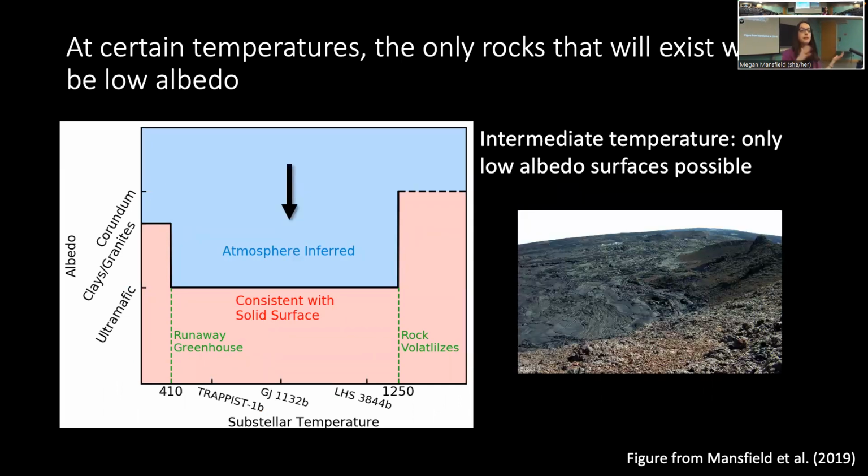However, if we move to slightly warmer planets, beyond the runaway greenhouse limit, which in our paper we conservatively set at a substellar temperature of 410 Kelvin, then any of those water-rich surfaces would not be expected to form anymore. So at those higher temperatures, we would expect only the low albedo surfaces to exist. And so then if we saw a cold temperature in secondary eclipse, we could say, yes, that must be an atmosphere. We can't confuse that with a high albedo surface.